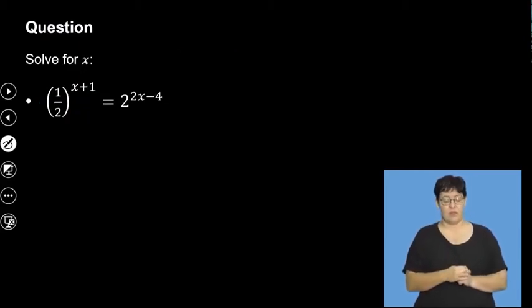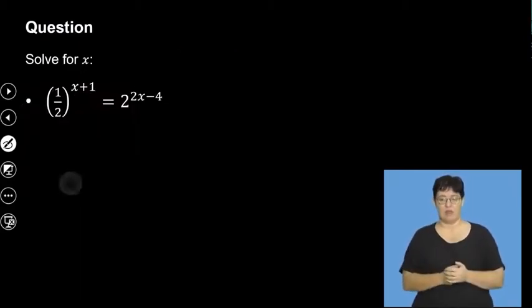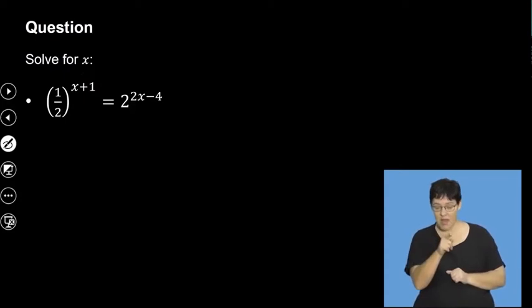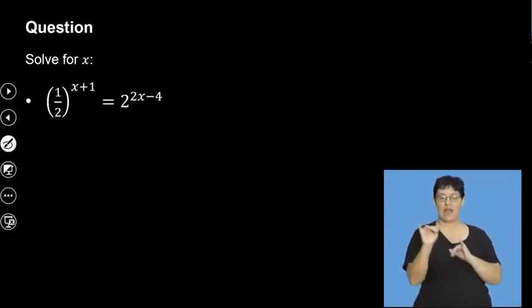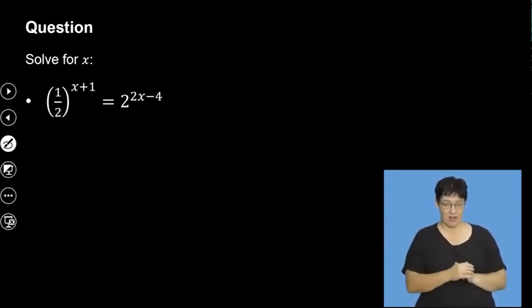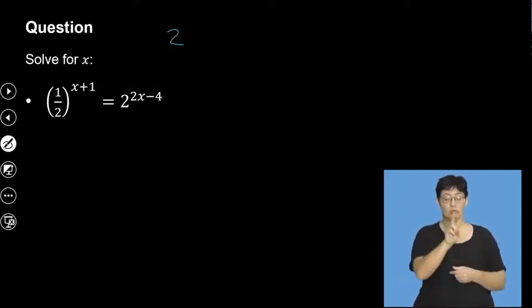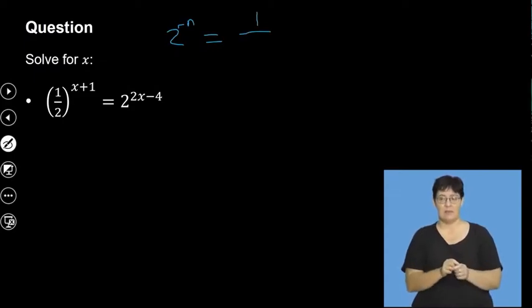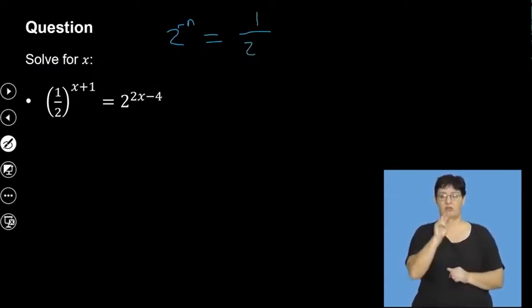Now, the second example is the one with a fraction. You don't need to be scared of anything here, right? Remember, one of the definitions that we've done when we looked at the introduction of all these exponents was, if I have 2 to the exponent of negative n, this is the same as 1 over 2 to the exponent of positive n, right?